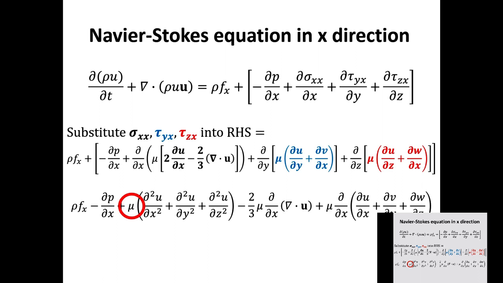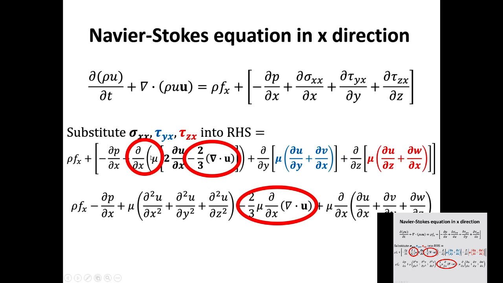And it has a mu term, which is the dynamic viscosity. So we are rearranging this equation. The ∂²u/∂x² comes from here. That one comes from there. The ∂²u/∂y² and this one comes from here, ∂²u/∂z², and then that term comes from these two.